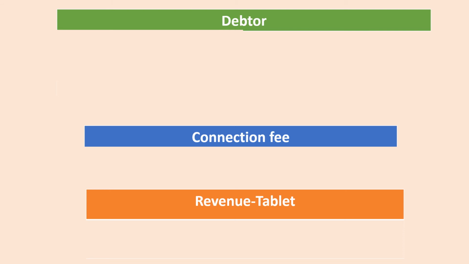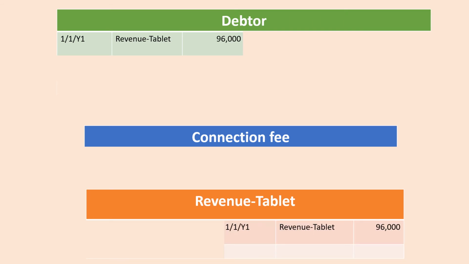When we are entering into the contract, at the beginning of the period or the inception, we are going to debit the debtor with the revenue from the tablet, and record the revenue in the tablet account by crediting it. Then we are going to record the revenue for the connection fee. For the period we identify the revenue as 72,000 and credit it into the connection fee account.